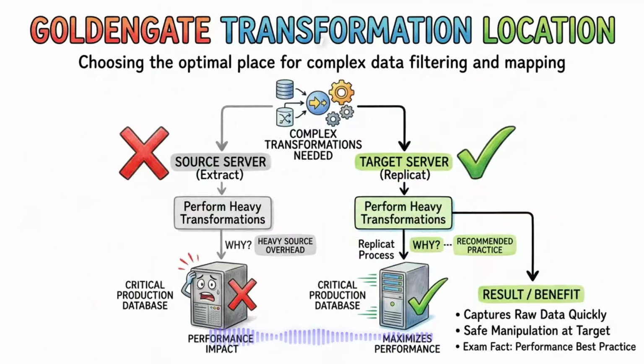Another critical area of transformation deals with dates and timestamps, which are notoriously difficult to synchronize across different database brands. An Oracle database might store a date in one specific format, while a target Microsoft SQL Server database demands a completely different layout.